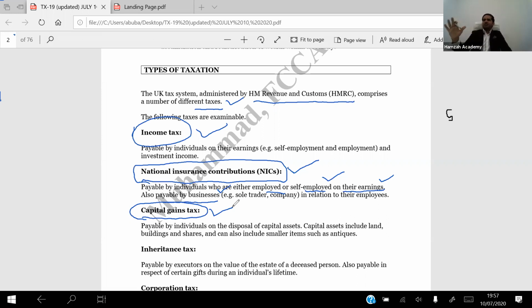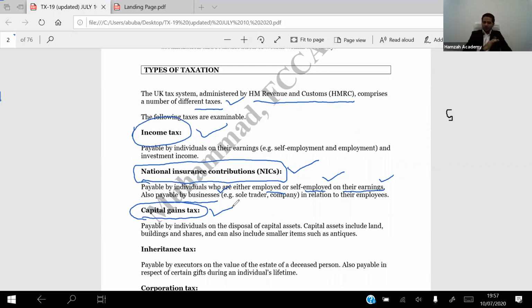A plant and machinery was being sold by a company. Why? Because that factory was closed down. There were no operations.